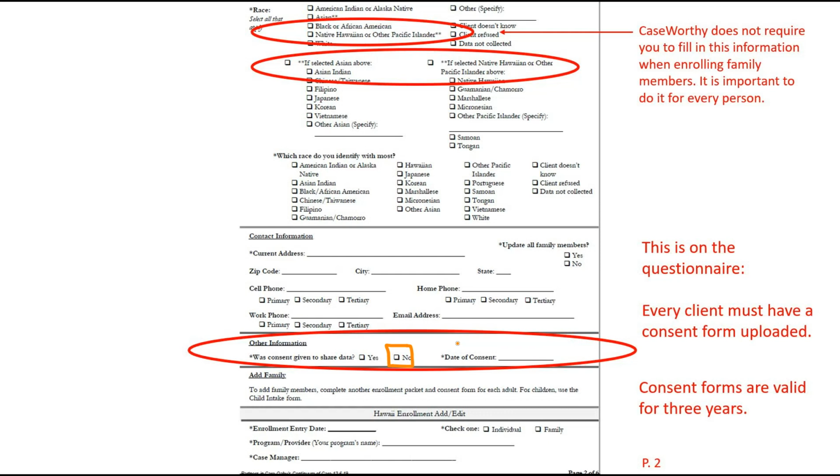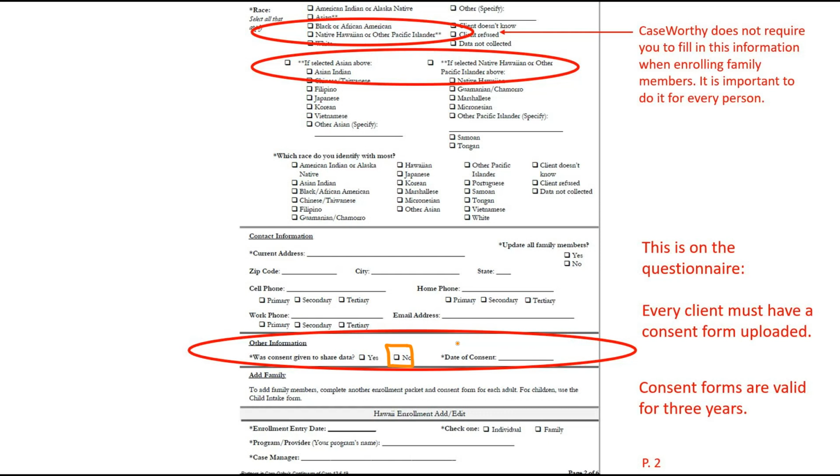That means that if they have an enrollment at your emergency shelter and they go to another organization, that organization cannot see that enrollment. It also means that the CES team cannot see the client on the by name list and the client cannot receive housing referrals. So please make sure that you are having consent forms signed.